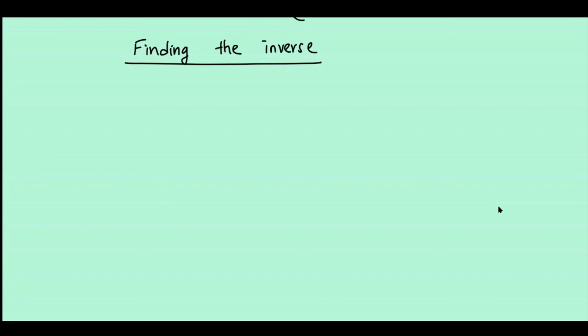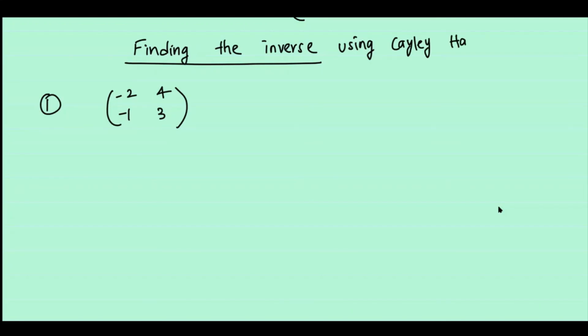So now we will see how to find the inverse using the Cayley-Hamilton theorem. For example, the matrix is minus 2, 4, minus 1, 3.